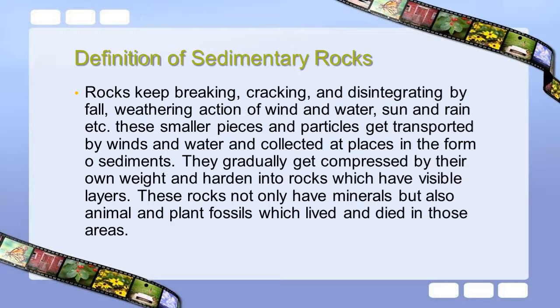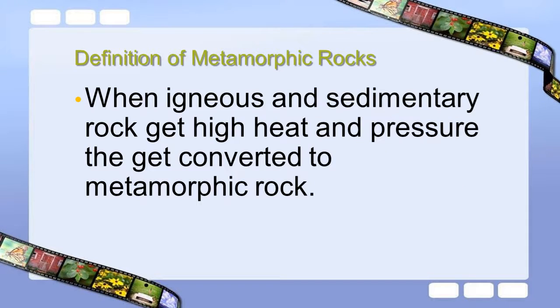What happens? Gradually they get compressed by their own weight and they harden to form rocks which have visible layers. These rocks not only have minerals but also have animal and plant fossils which have lived and died in those areas. So that is a sedimentary rock.